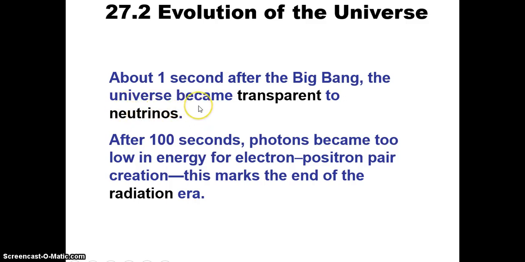So some of the neutrinos that we've detected, and remember, it's very hard to detect these things. Not only is it hard to detect them, we can't distinguish, at least right now, and it would be really nice if we could, between neutrinos that were created a second after the Big Bang and ones that were created yesterday in the sun.